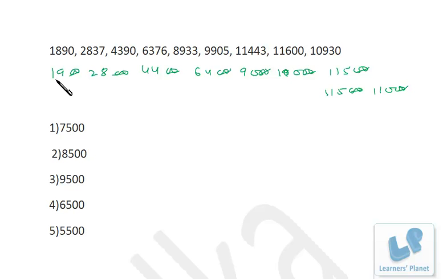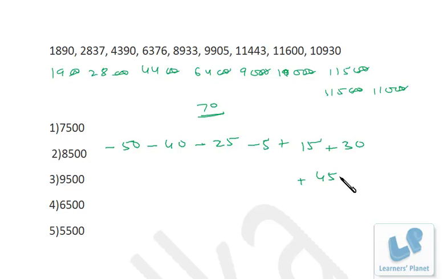Right, after that the next step we need to see the deviation. So 19 is minus 50 around, it is minus 40, it is minus 25, it is minus 5, it is plus 15, it is plus 30, it is plus 15, plus 45, plus 45 and plus 40.